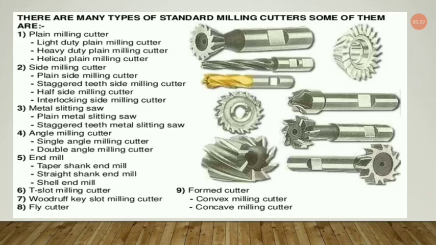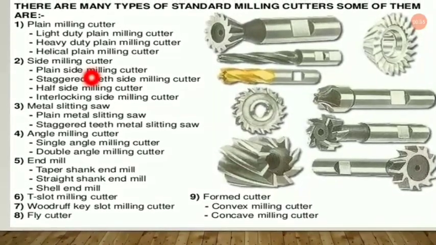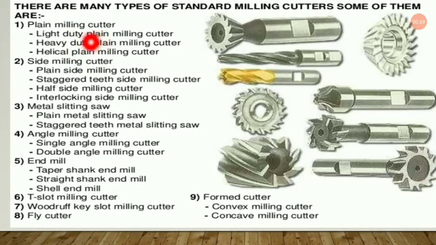of standard milling cutters. Some of them are plain milling cutter, as you can see over here. Under that comes the light duty plain milling cutter, heavy duty plain milling cutter, helical plain milling cutter. Second is the side milling cutter: plain side milling cutter, staggered teeth side milling cutter, half side milling cutter, interlocking side milling cutter.